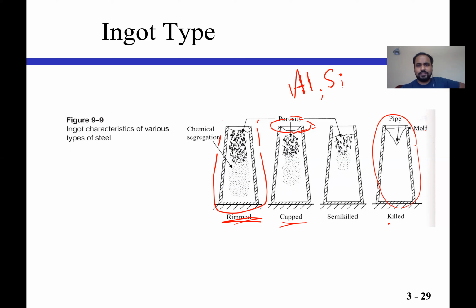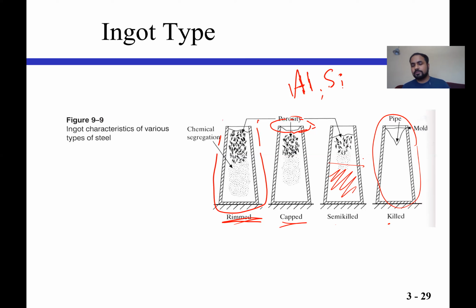Or, if you don't have a lot of money or you don't care about a huge amount of purity, you can just add some amount of either both or one of these, and then you get something called semi-killed steel, which is mostly good, but it has a small bad part, which you can just chop off and send back for steel production again, and you can use the part which is good.